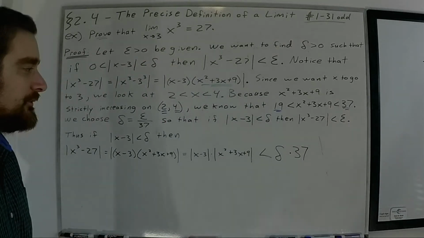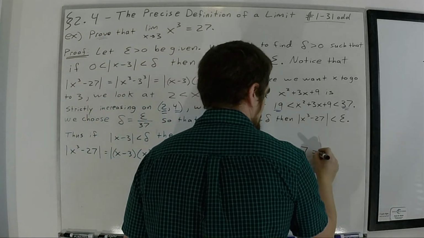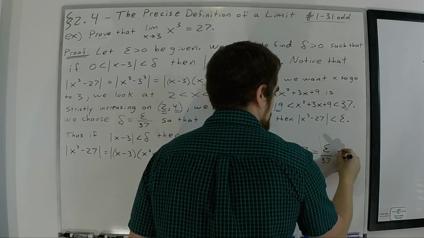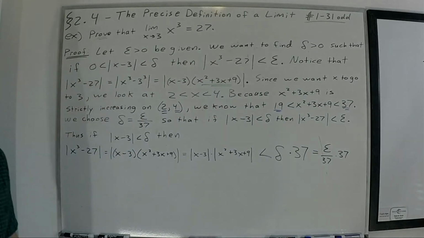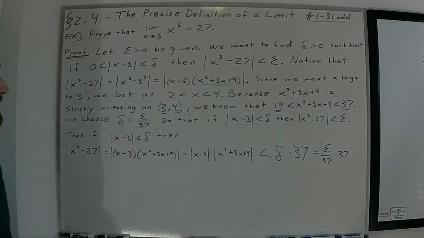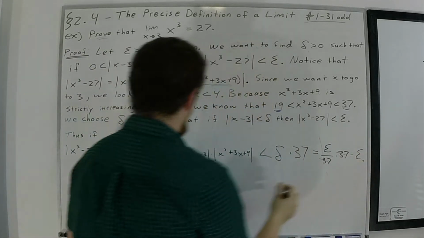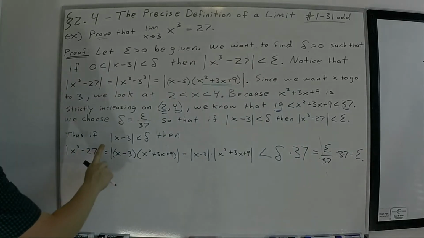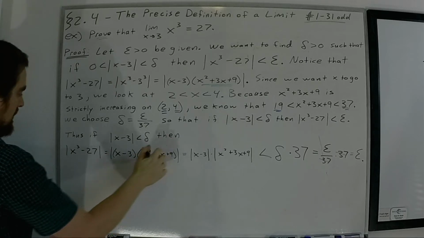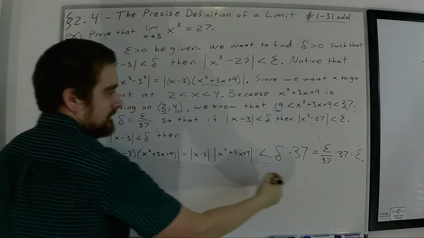Obviously, as I get closer to 3, it gets smaller, but I'm making sure I satisfy this for every epsilon because we chose delta to be epsilon over 37. We just use the definition to show that if the absolute value of x minus 3 is less than delta, then the absolute value of x cubed minus 27 is less than epsilon.